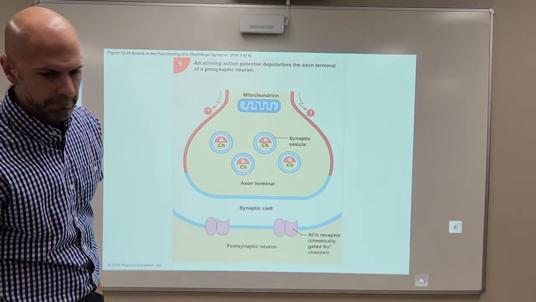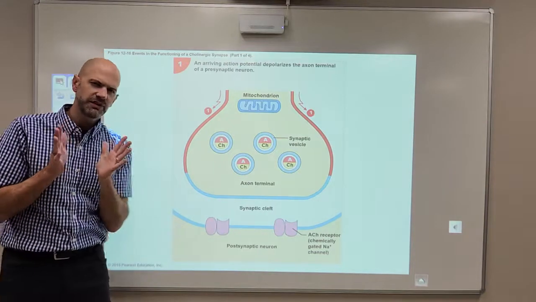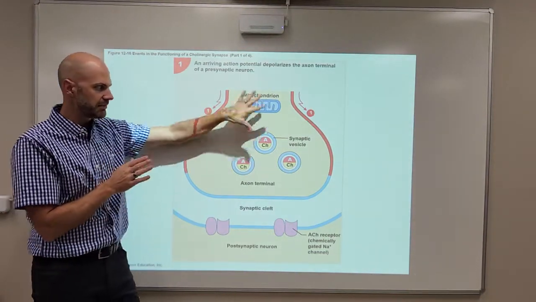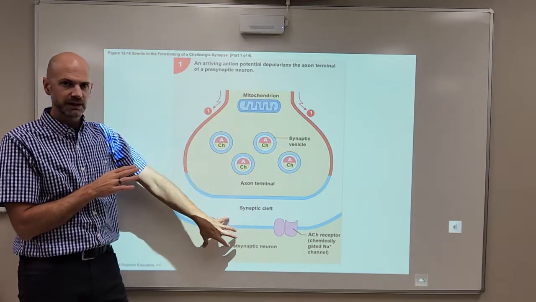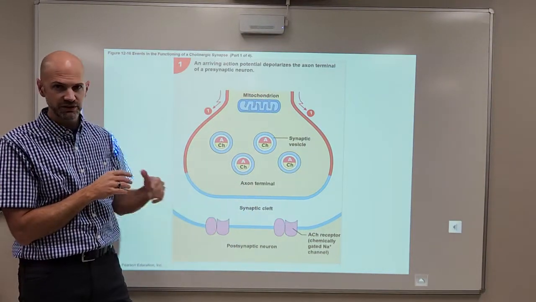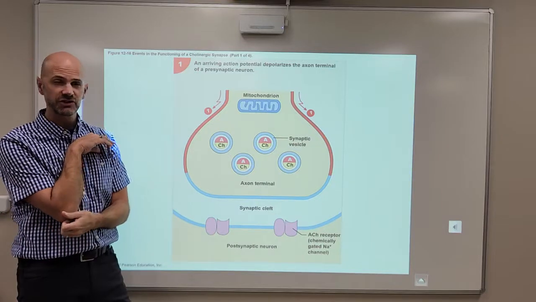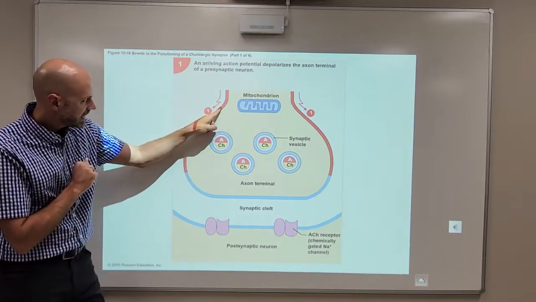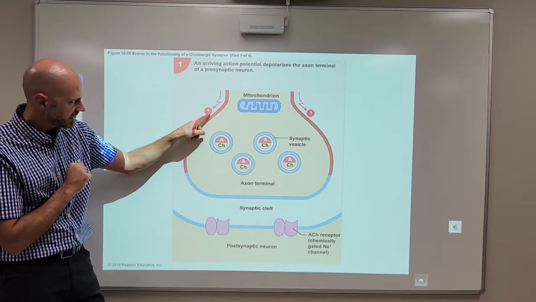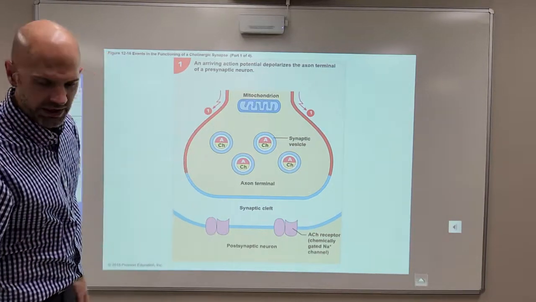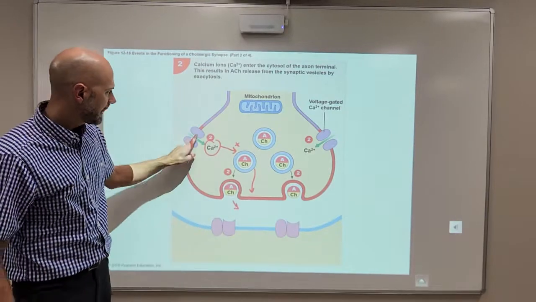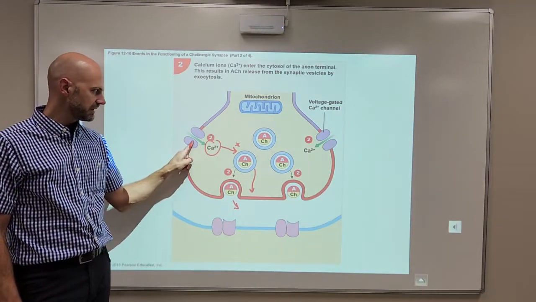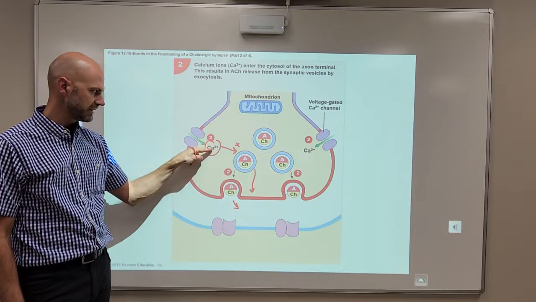Now, we've kind of covered this material already in the muscle chapter when we talked about a motor neuron at the neuromuscular junction. We have an incoming excitatory action potential that arrives at the axon terminus. There are voltage-gated calcium channels that open, causing an influx of calcium.